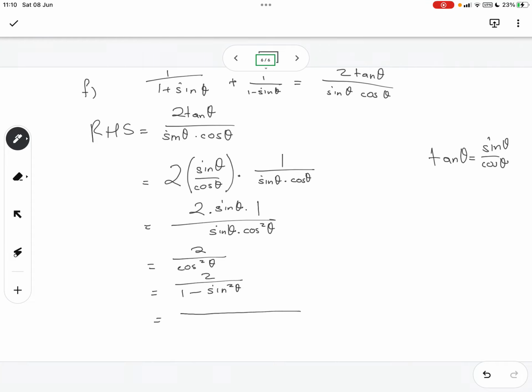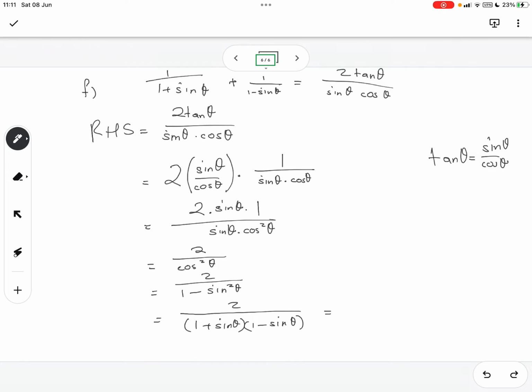So we only have 2 over cos squared theta, and this equals 2 over 1 minus sine squared theta. And this is a difference of 2 squares: 1 plus sine theta, 1 minus sine theta.